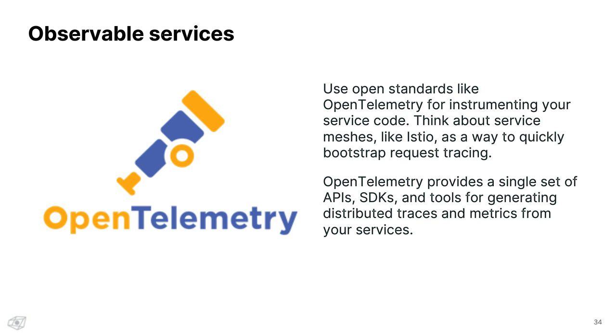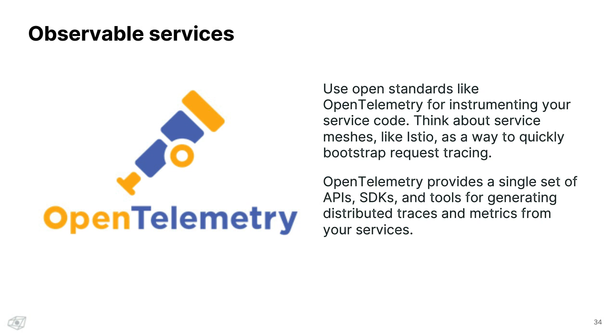For OpenTelemetry, there's a Kubernetes operator that will allow you to easily deploy the OpenTelemetry collector. And I would also advocate thinking about things like service meshes. Istio is a great example of that, a great way of getting started quickly with observability, because it'll allow you to generate a lot of these different kinds of telemetry pretty quickly and easily without a lot of changes to your application.